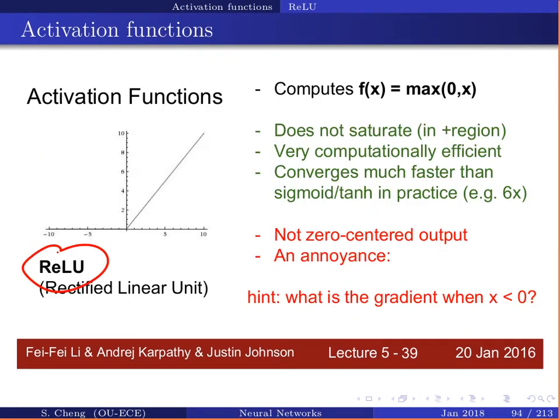And of course, when you have x less than 0, here you also have saturation. So if you think of a very deep network, eventually your derivative information will get kicked out and cannot propagate all the way to the beginning.